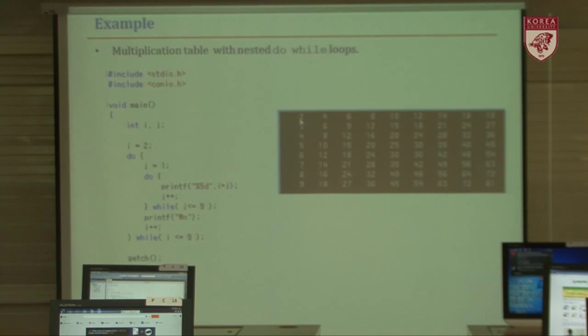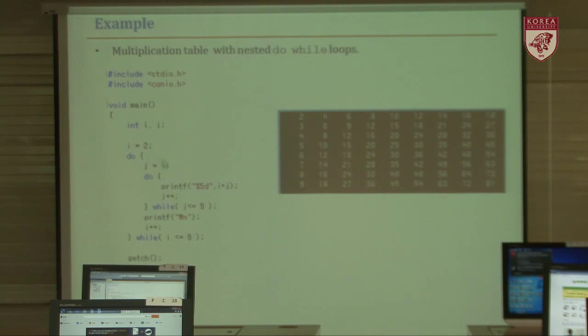Then it shows the multiplication of 2 and 3 up until 9. So 2, 4, 6, 8, 10, like that. So the outer loop is printing each row, and within each row, each number is printed by the inner loop.